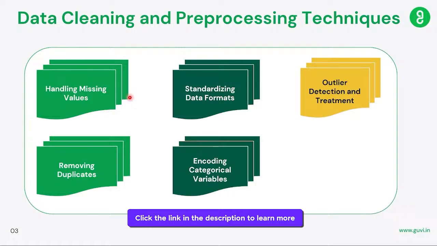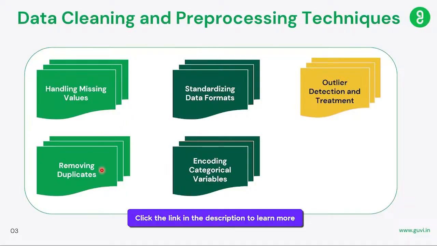Or you do some prediction, you use some machine learning algorithm to predict the missing values based on other features. Considerations when handling missing values include the impact on data integrity and analysis outcomes, as well as the choice of imputation method based on data distribution and context.